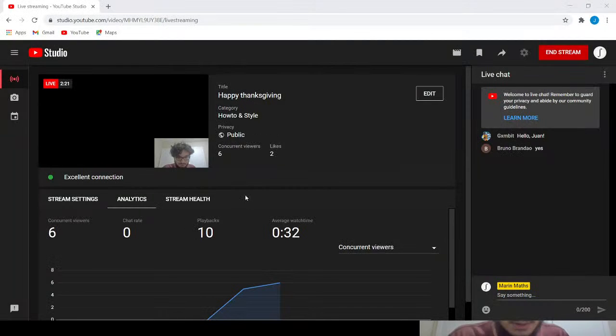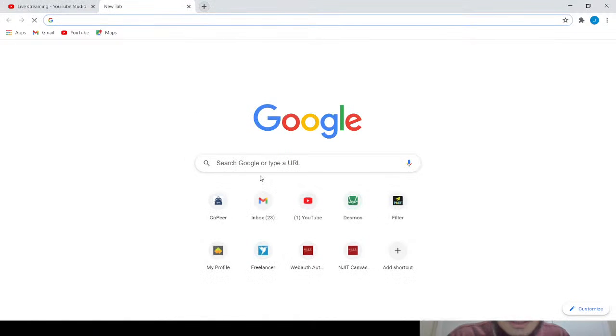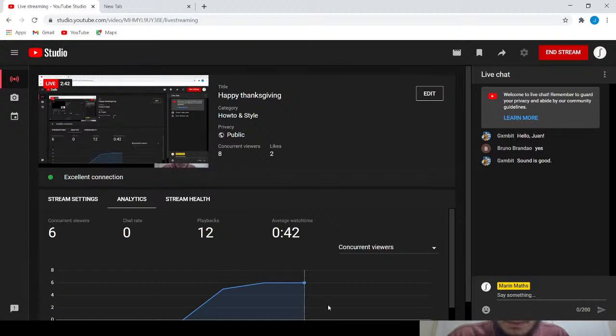So I'll make it window capture, and then I'll make it Google Chrome. Okay. Alright, so if I make it Google Chrome, then I guess you can see this.